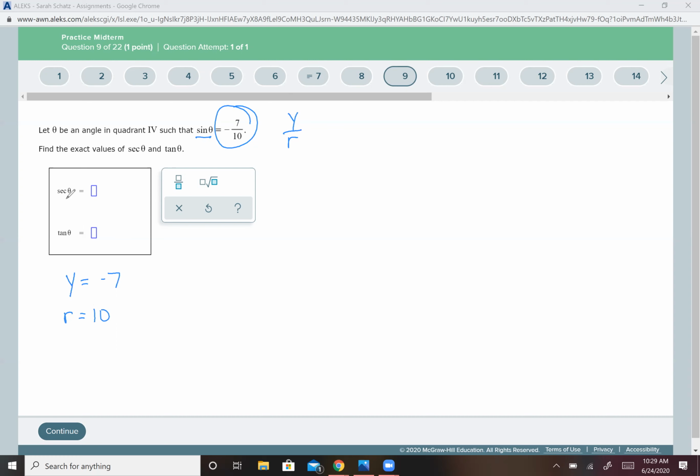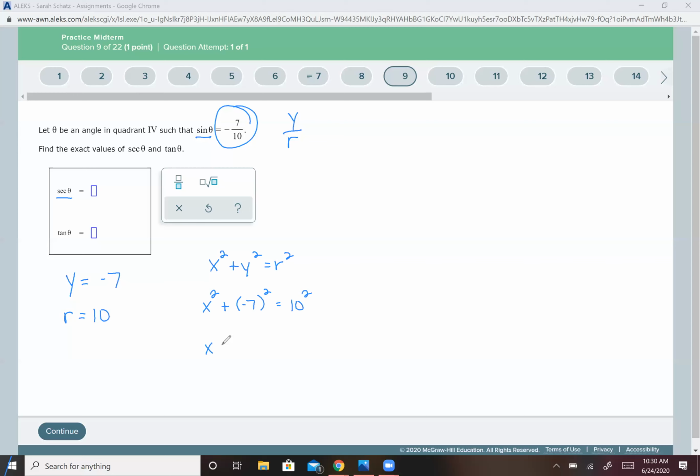Now, in this problem, I need secant, and secant has an x in it, and tangent does too, so I am going to have to solve for x before I find these two answers. So remember, x squared plus y squared equals r squared. And then I put in what I know. I don't know x, so I'll leave it as x squared plus -7 squared equals 10 squared.